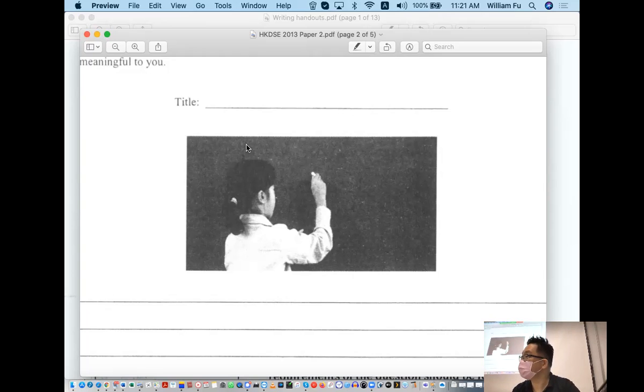You know what problem? I think nearly every single candidate would write something like this. So this is the problem. How can you be better than others? And secondly, you have no choice. If you're given this topic, this is it.